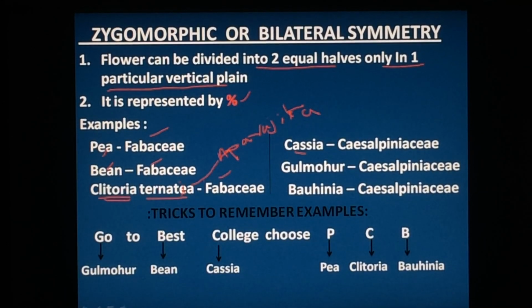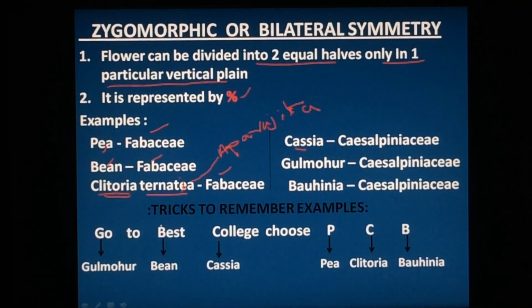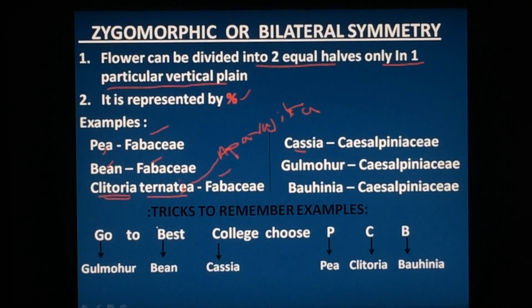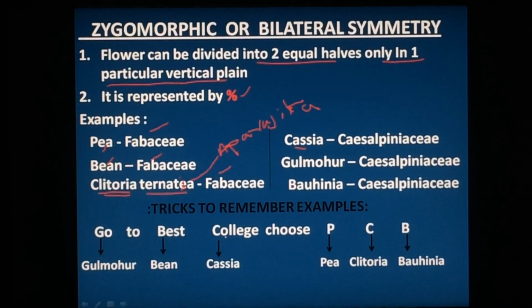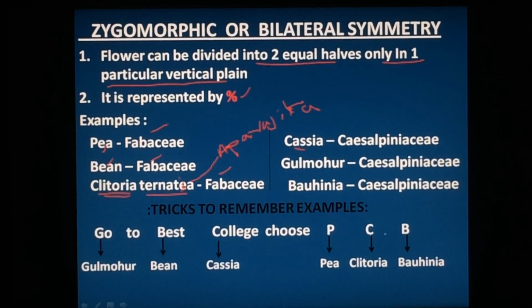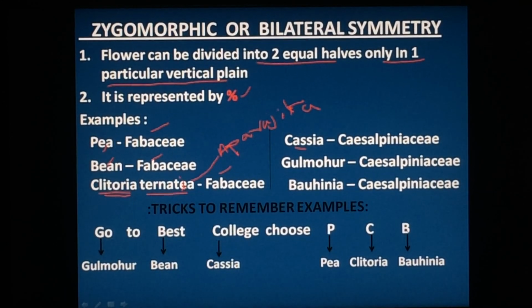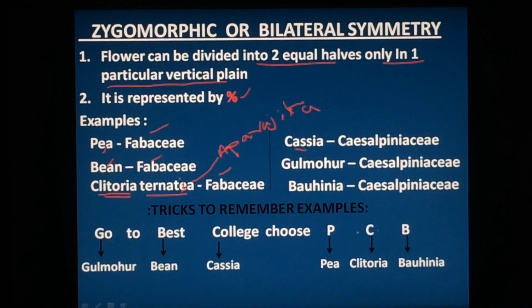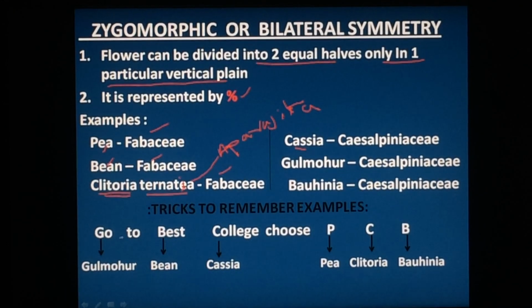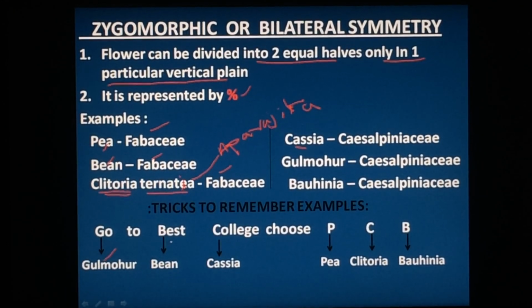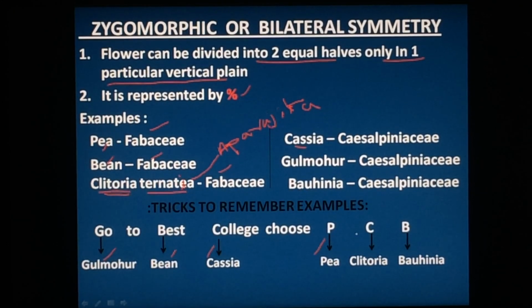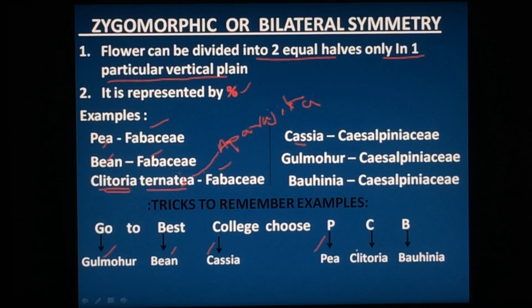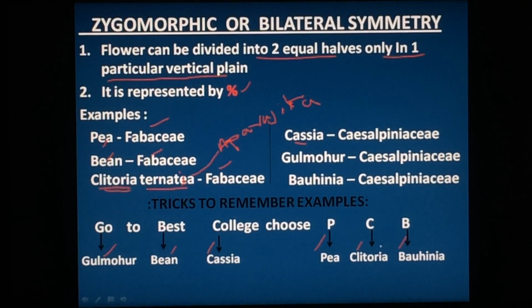After PUC, if you want to join a degree college, BSc, you have to go to the best college and better choose the PCB subjects, physics, chemistry, biology, so botany subject. Go to best college, choose PCB: Gulmohar, Best, Bean, College, Cassia, PCB, Pea, Clitoria, Bauhinia.